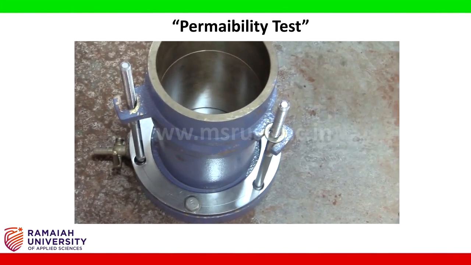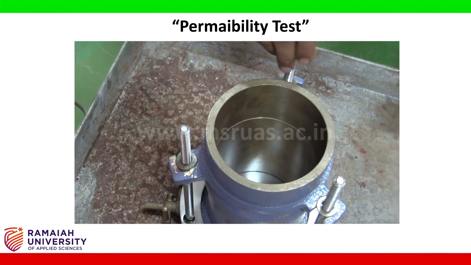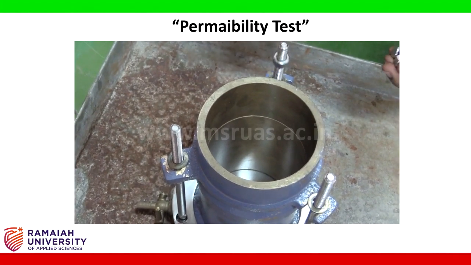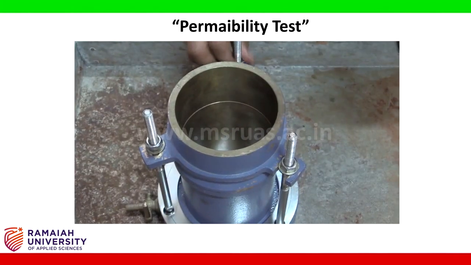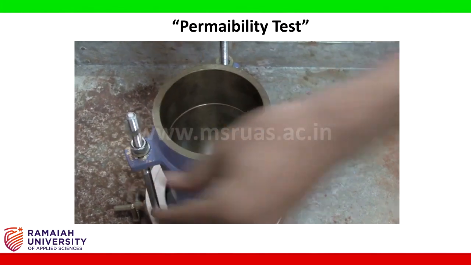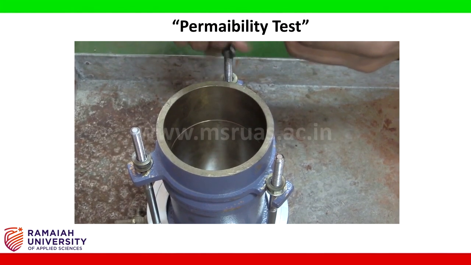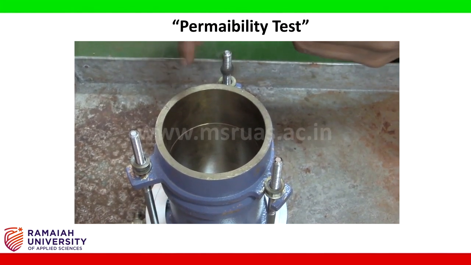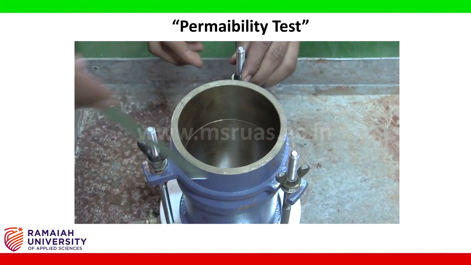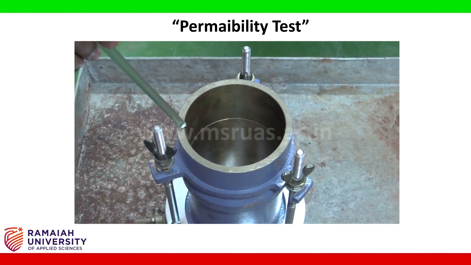Place the washers and then the nuts and tighten them evenly. Once the tightening process is done, we are now ready with the mold for compaction process and sample preparation.